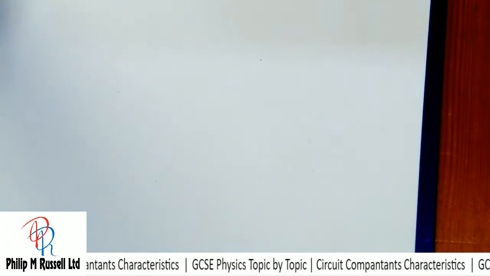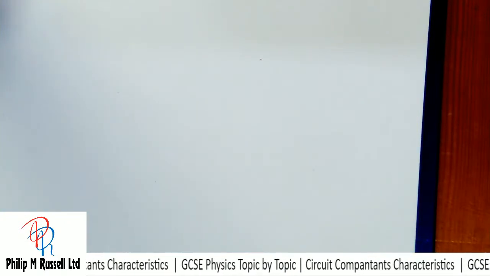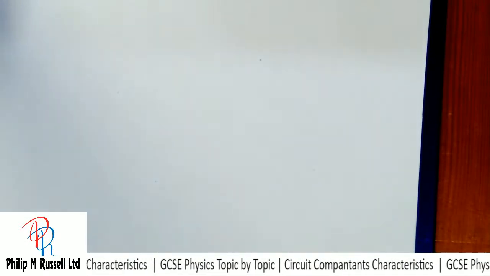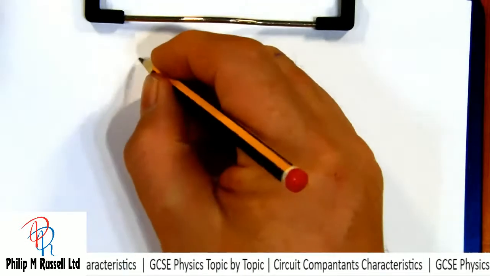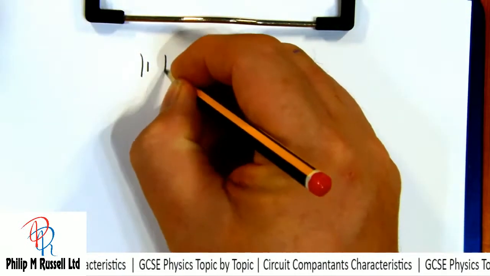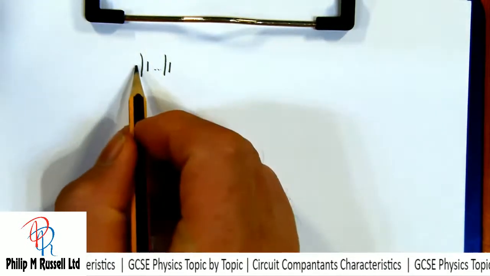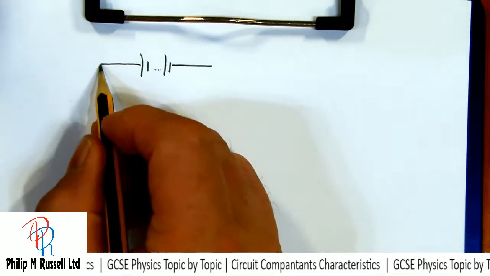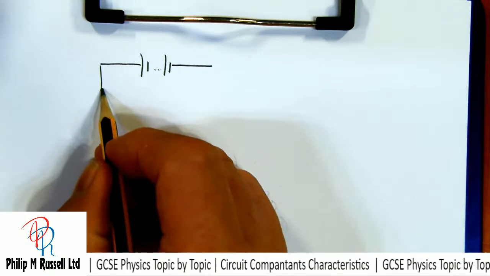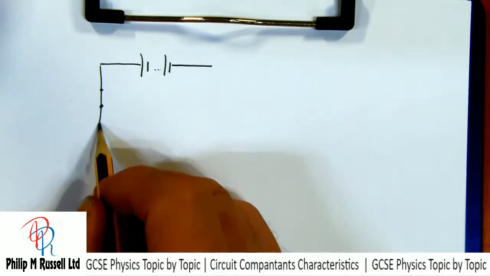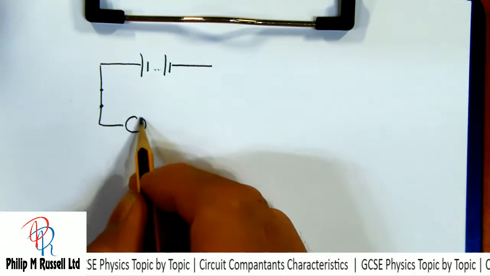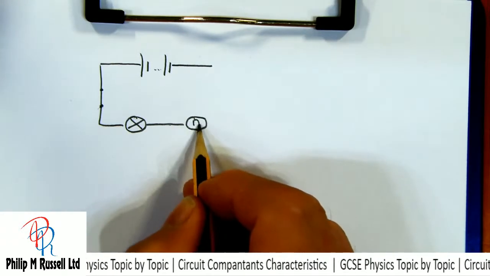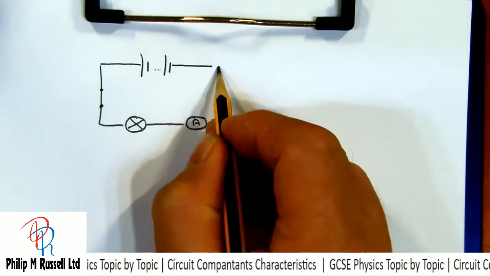So if I draw in an item, we might draw this in firstly with a battery, a collection of cells. Then I ought to use a ruler. I'm not, because I'm trying to do this quickly. We can put in a closed switch. Let's then put in a bulb. We could put in then an ammeter and complete the circuit.